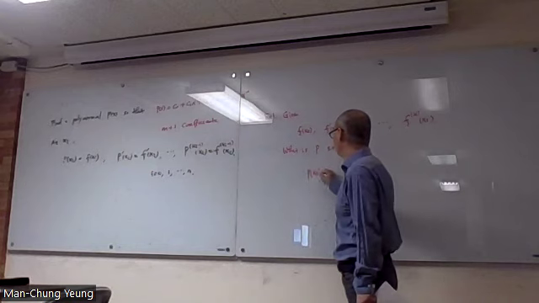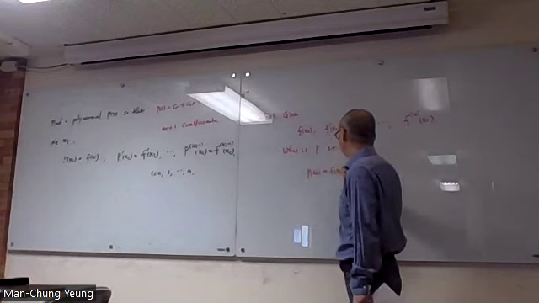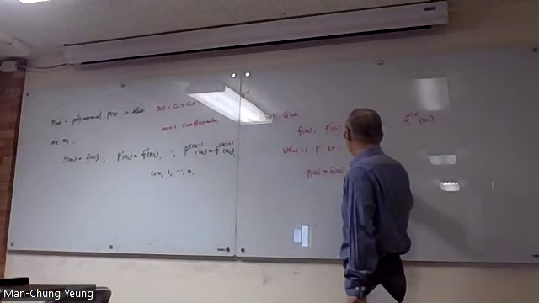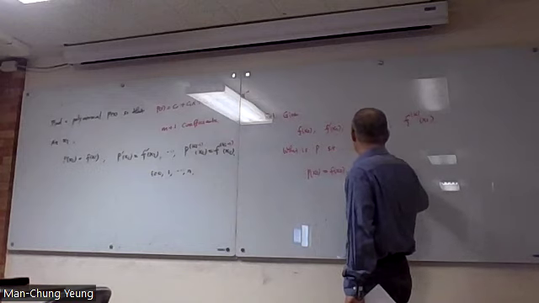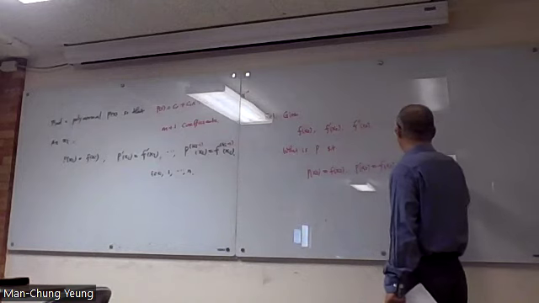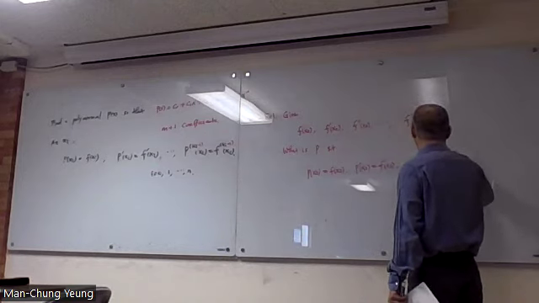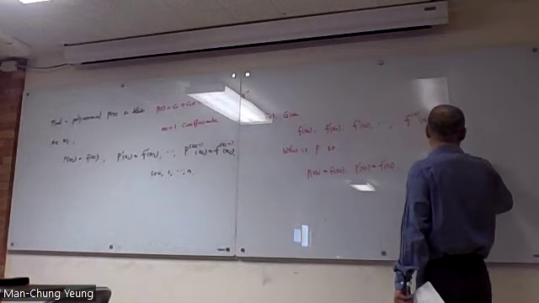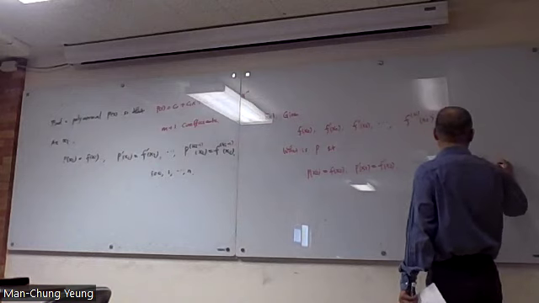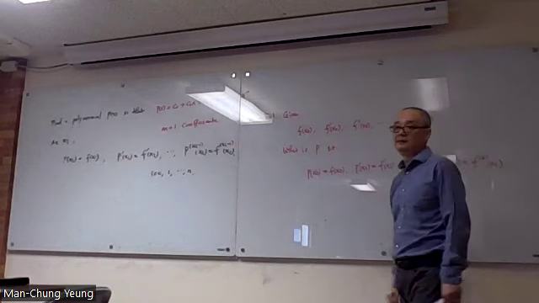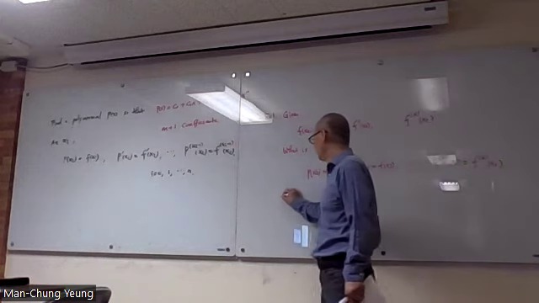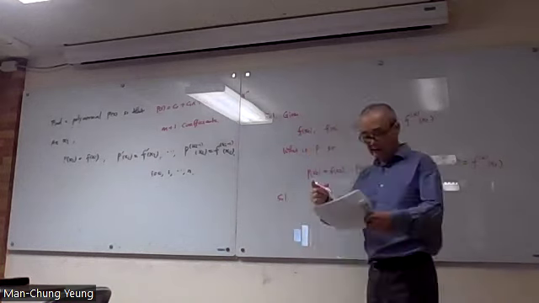P at x_0 is f(x_0). The derivative is this. And taking the derivative k times is this. The solution is this polynomial.